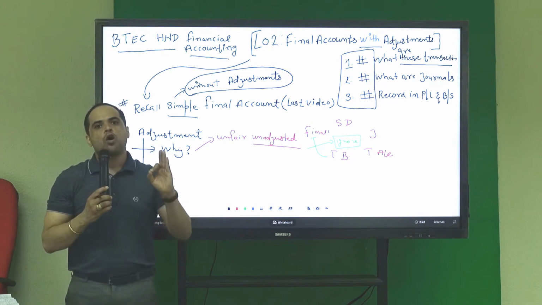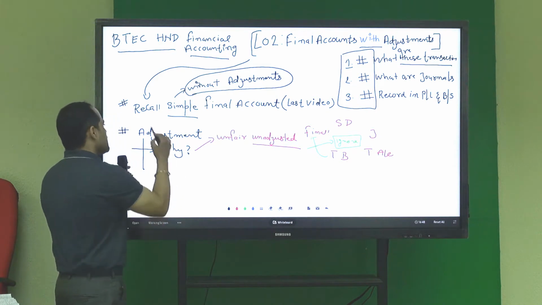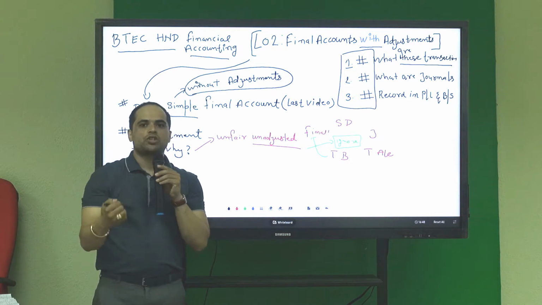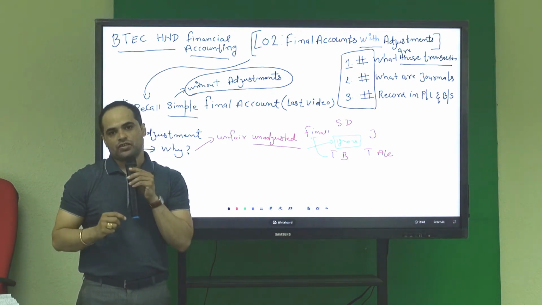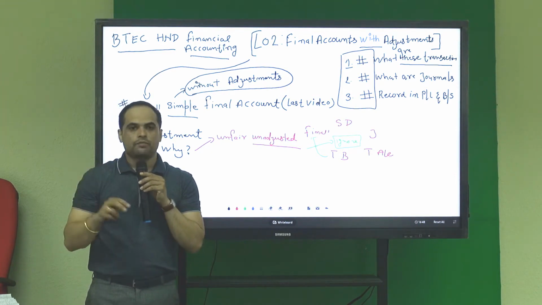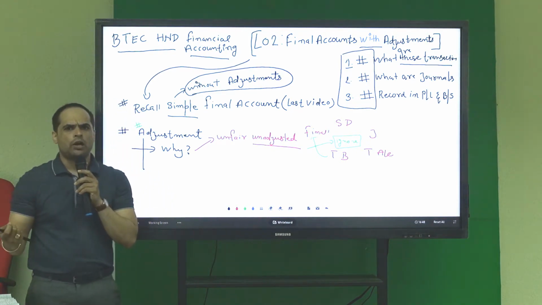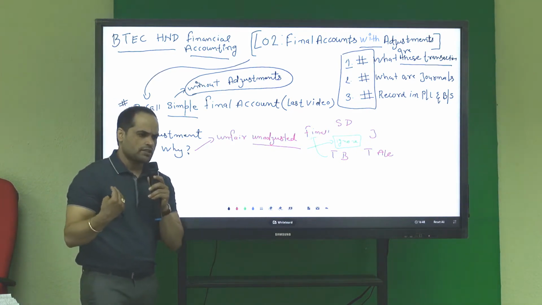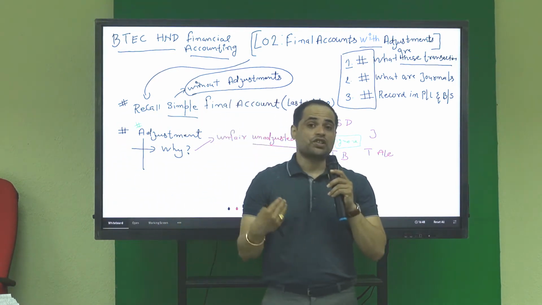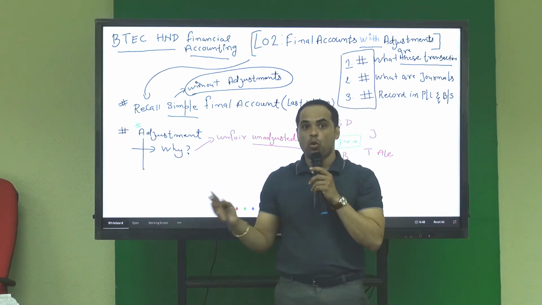So the main objective of final accounts with adjustments is to provide a true and fair picture to the users of financial statements. That's why we have to do this. All right, we cannot ignore it. This is one of the requirements as per the accounting standard that makes sure the financial statement is presented fairly, providing a true and fair picture to all kinds of users.